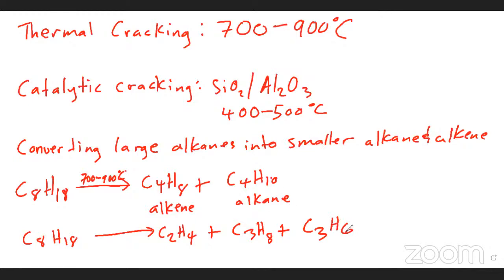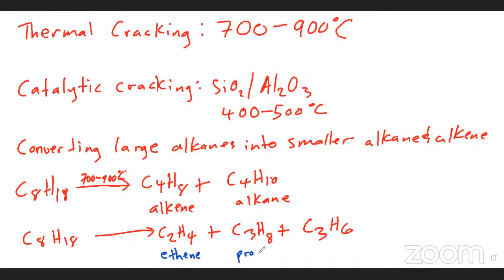So once you crack an alkane to get 3 products, 2 of them must be alkene.